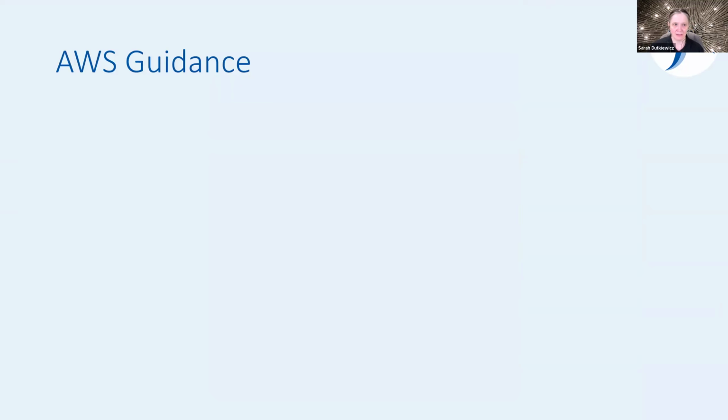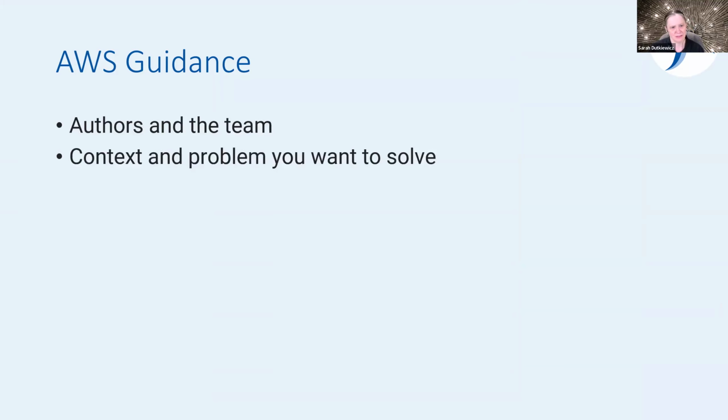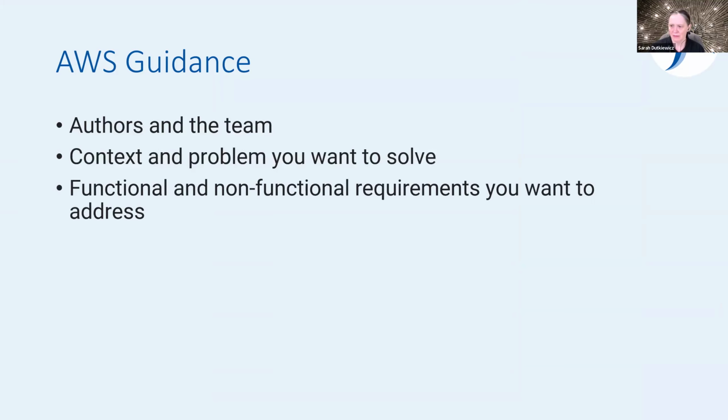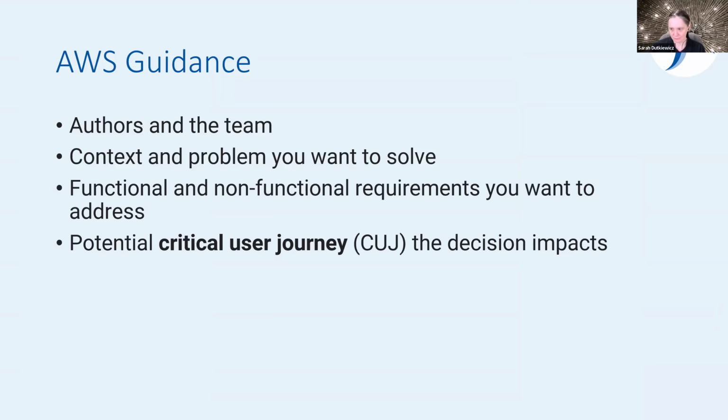AWS has a bunch of guidance on this as well. And the reason why I like AWS, so you're going to see with their ADRs, it's like authors and team, a bunch of the standard things that we would see with ADRs and other templates as well. But they point out the potential critical user journey that the decision impacts. When you're making decisions, you think about the business consequences, you think about the technical consequences.